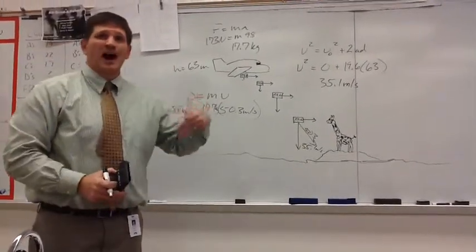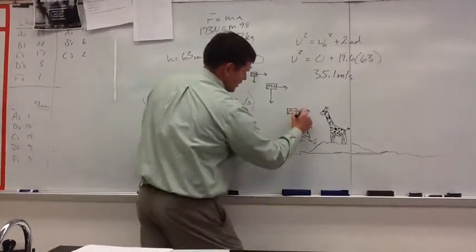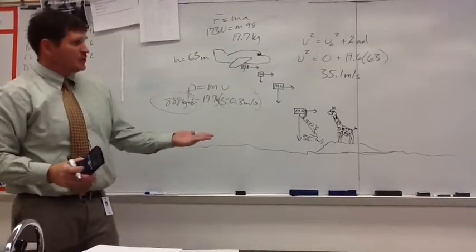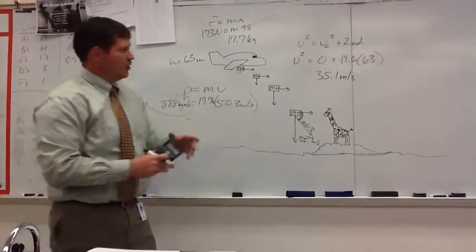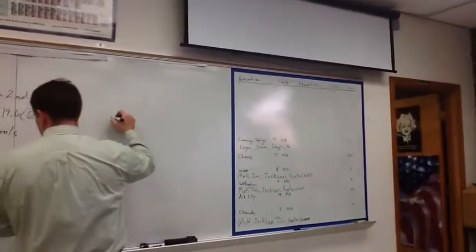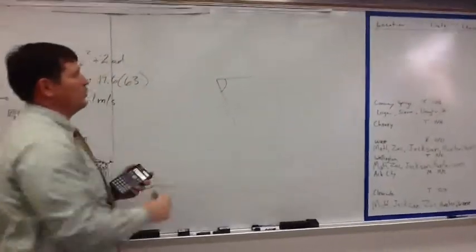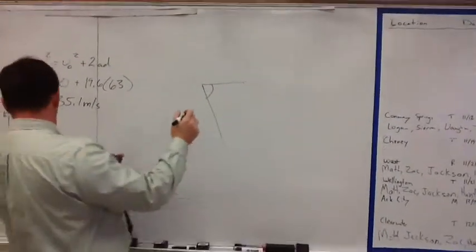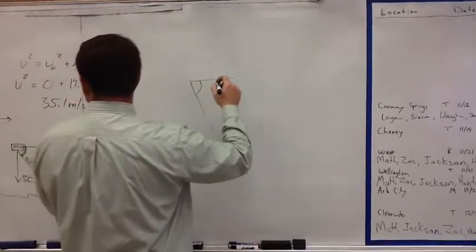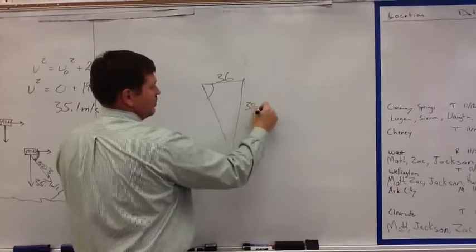Now we need to know what angle it's coming in at. So what is this angle right here? How we're going to do that is, back over here, we know our component here is, what was that component? 36. And we know this side is 35.1.